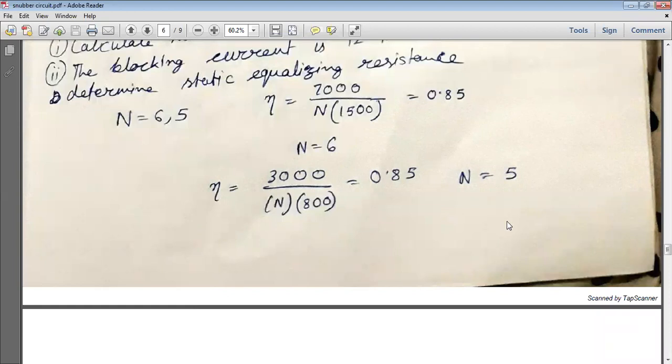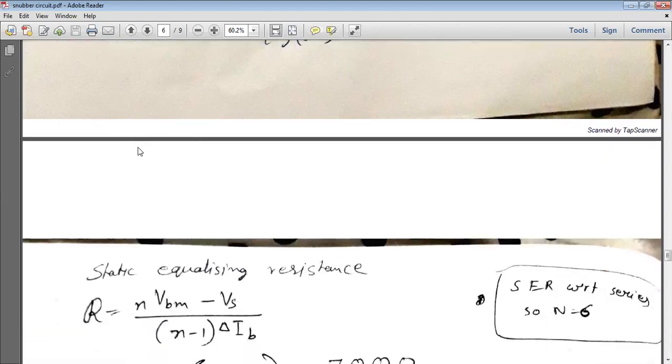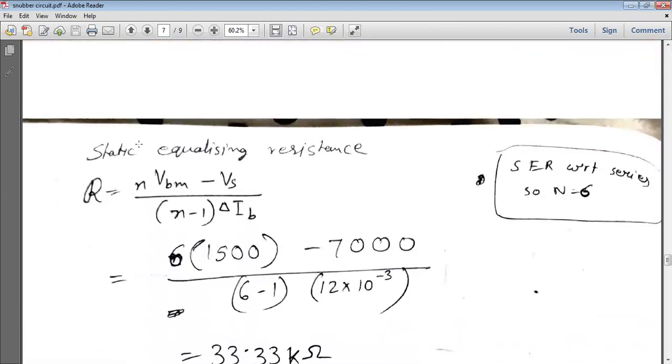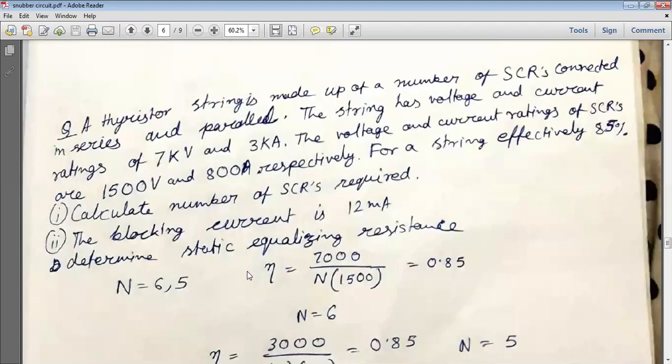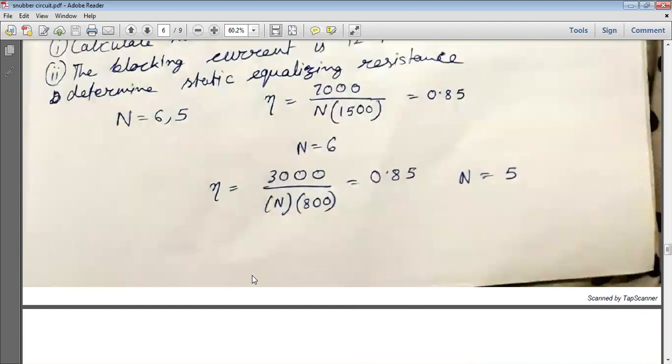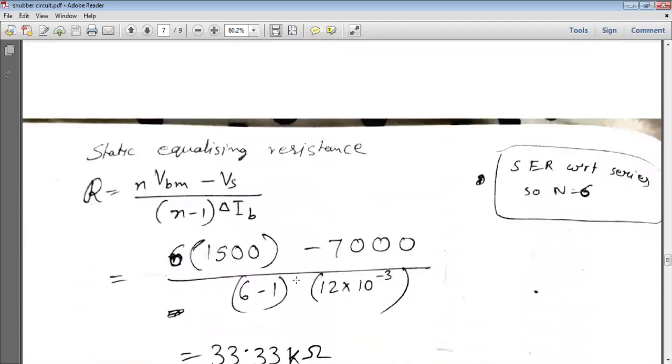So the static equalizing resistance is (N Vm minus Vs) by (N minus 1) delta Ib. N is 6, Vm is 1500, the voltage rating.